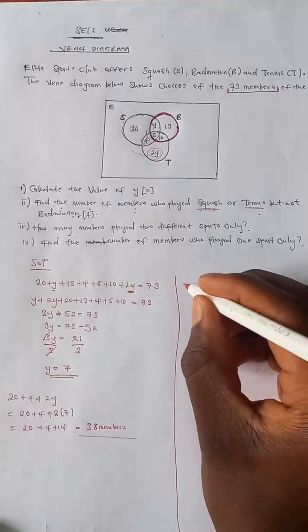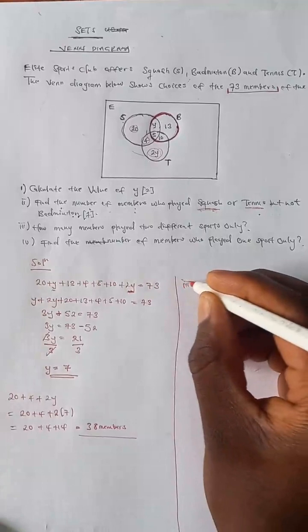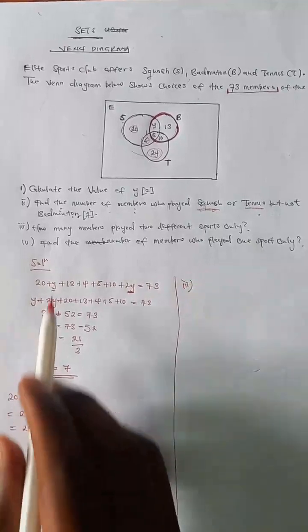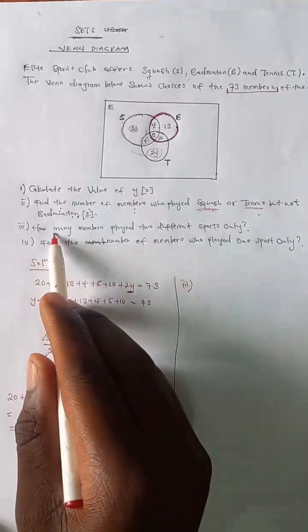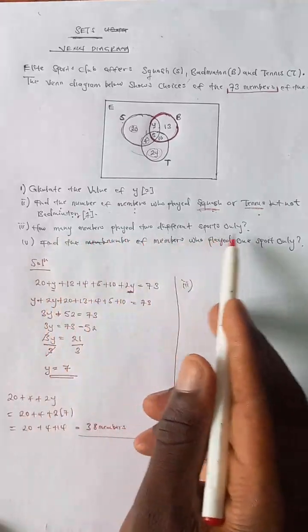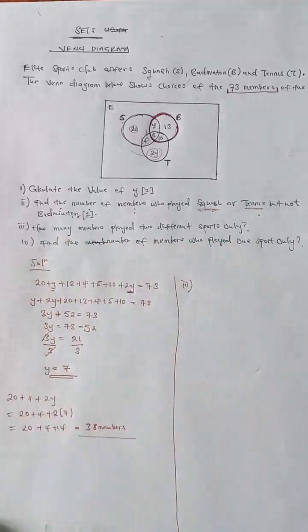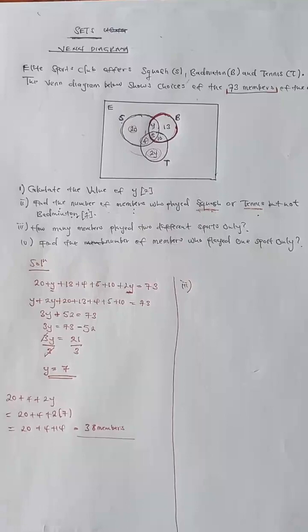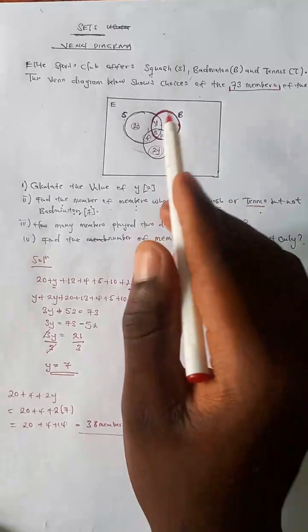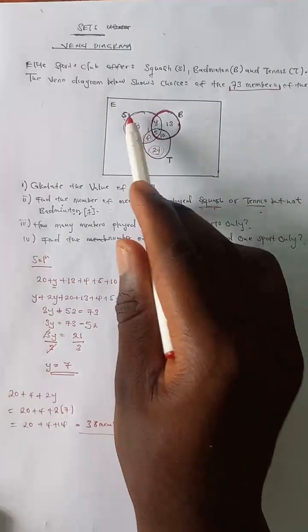Let's move on to Roman numeral 3. How many members played two different sports only? Those who played two different sports only simply means intersections.